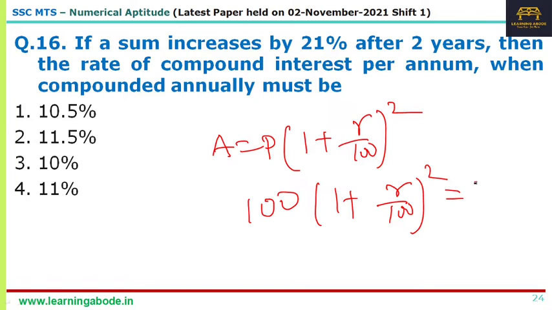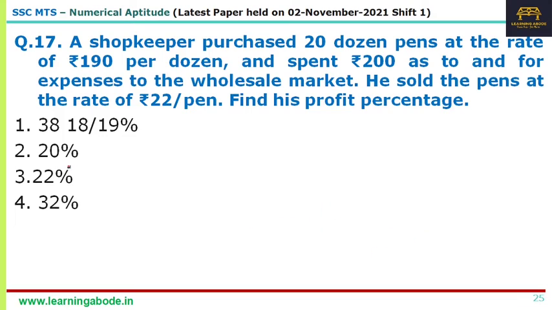I'm assuming, since there is no value given. If you proceed further, you will get R. Anyhow, I directly got the answer just by looking at the numbers, using my shortcut. But if you are not aware of the shortcut, then you just proceed like this and solve. The answer is option 3, 10%.